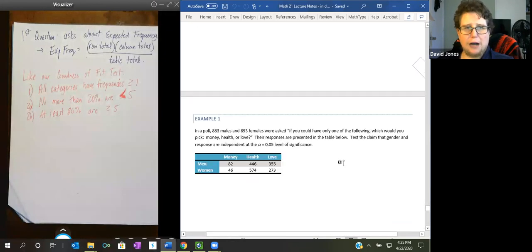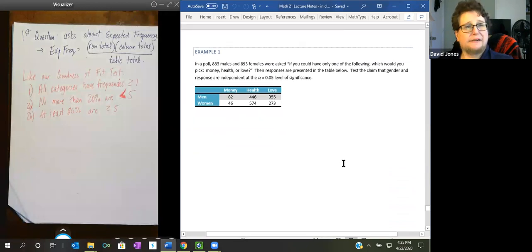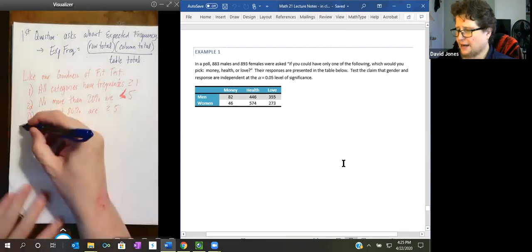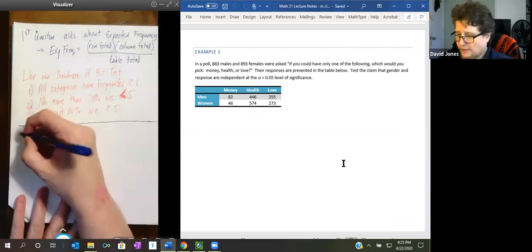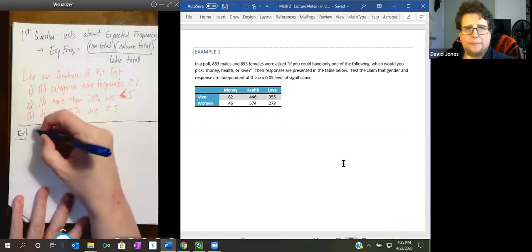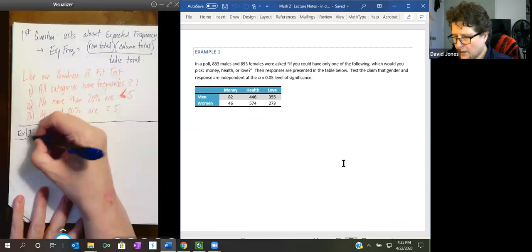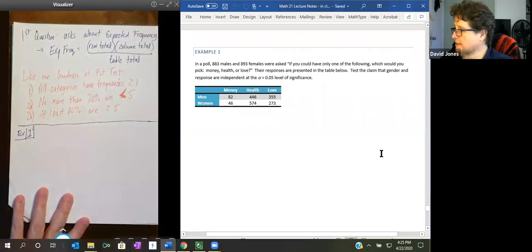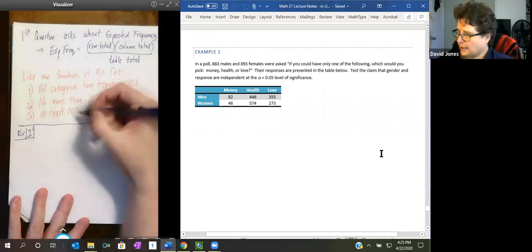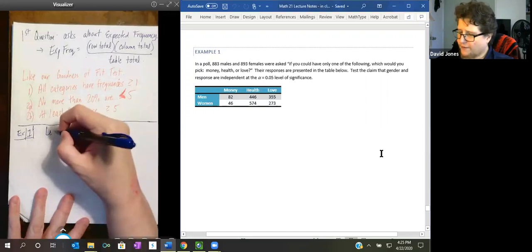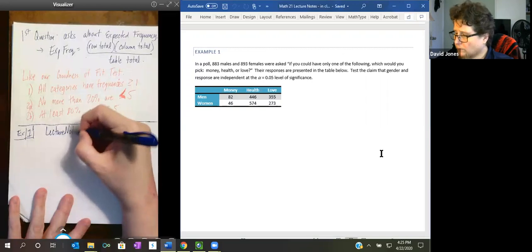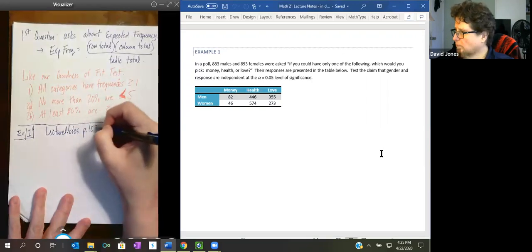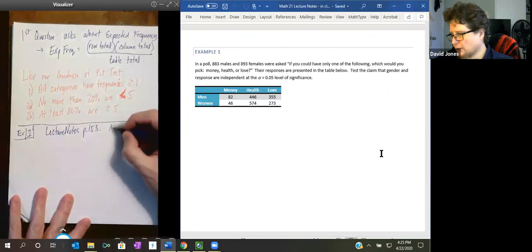And let's look at our first problem. First example, if you load the data set, it's already in there. I put it in there. Example 1, this is in lecture notes, page 153. And this is the money, health, love problem.